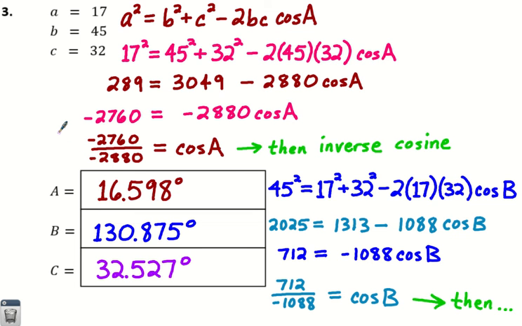But like I've said in class many times, there's no way a quadrant 4 angle could be in a triangle. It's way too big on its own, right? So there's no point whatsoever checking what the quadrant 4 answer would have been for big A, because it's nowhere near realistic. So one answer and only one answer for number 3.